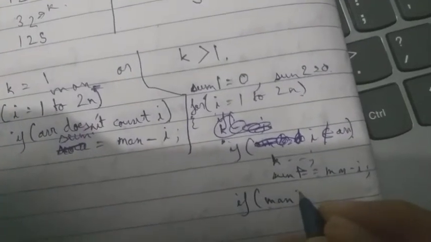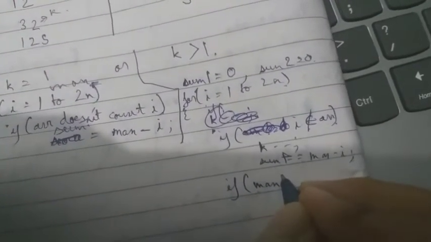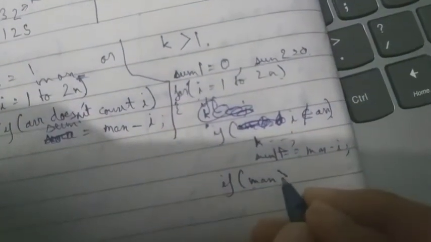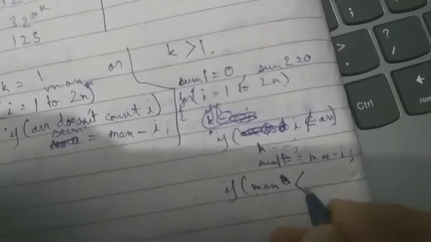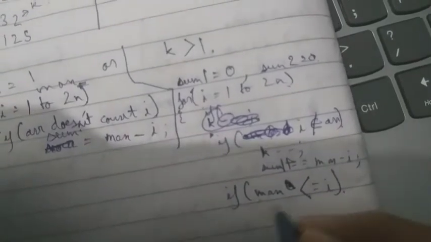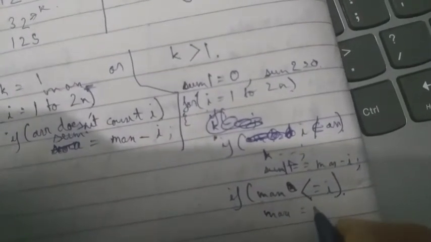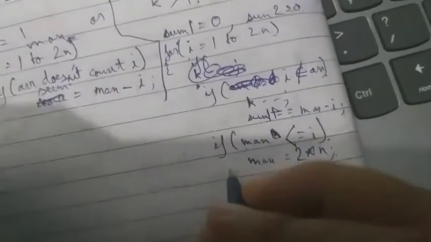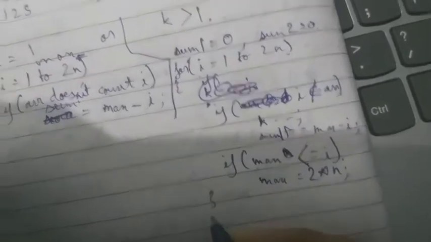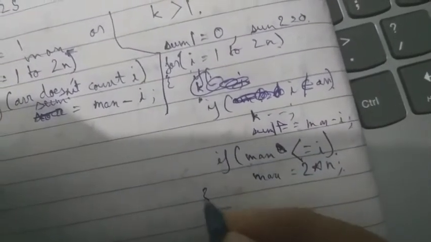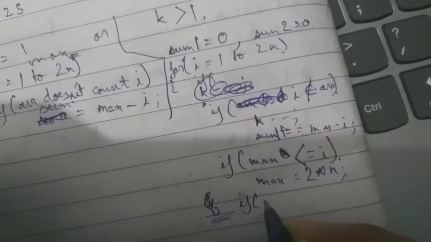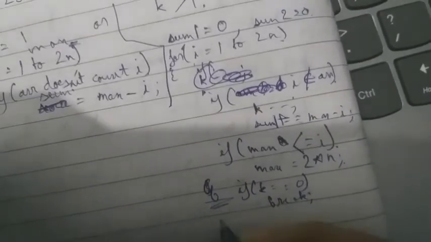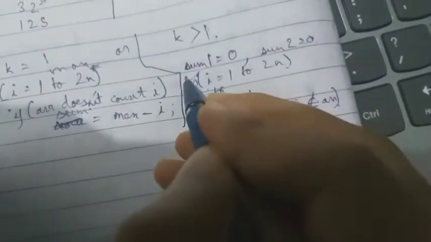If the value of i exceeds the max, then max will become 2 into n, that is the maximum possible value. And the breaking condition would be if k is equal to 0, then break. Okay, this is for sum 1.